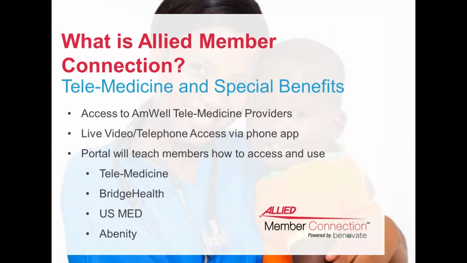Bridge Health is a Centers of Excellence program that will actually work with you to put you into the appropriate setting both for quality of care and cost of care issues, as well as paying you a cash incentive to help you with the Bridge Health experience. Maybe there's travel you'll need to do to get to that center of excellence. Bridge Health will help pay you to do that, as well as a companion to go along with you.